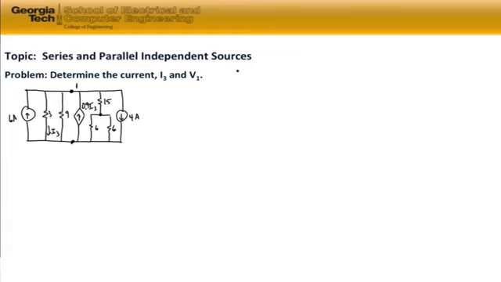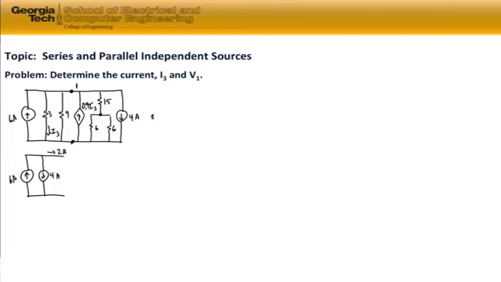So we can think of those as two current sources in parallel. If we redraw just those two components, we have 6 amps upward and 4 amps downward, and we end up with 2 amps from the combination of those two sources.